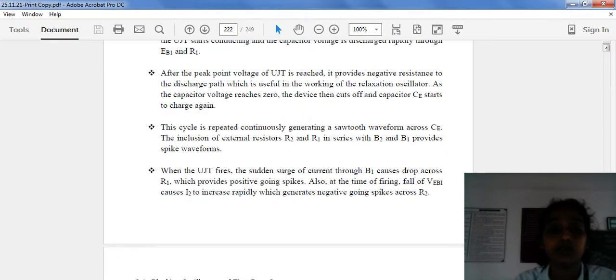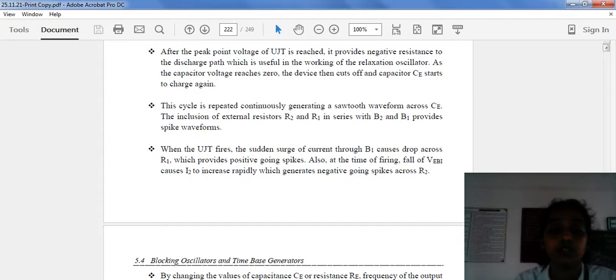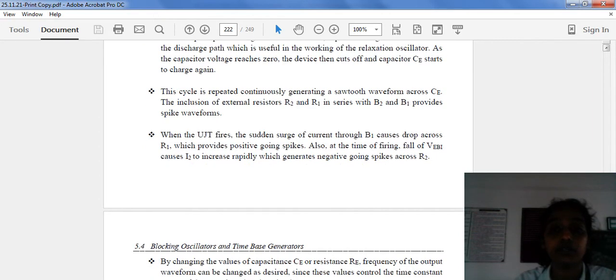The inclusion of the external resistances R1 and R2 in series with the base terminals B1 and B2 provides spike-like waveforms. When the UJT fires, there is a sudden surge of current through the base terminal, causing a drop across the resistance R1, which provides a positive going spike.